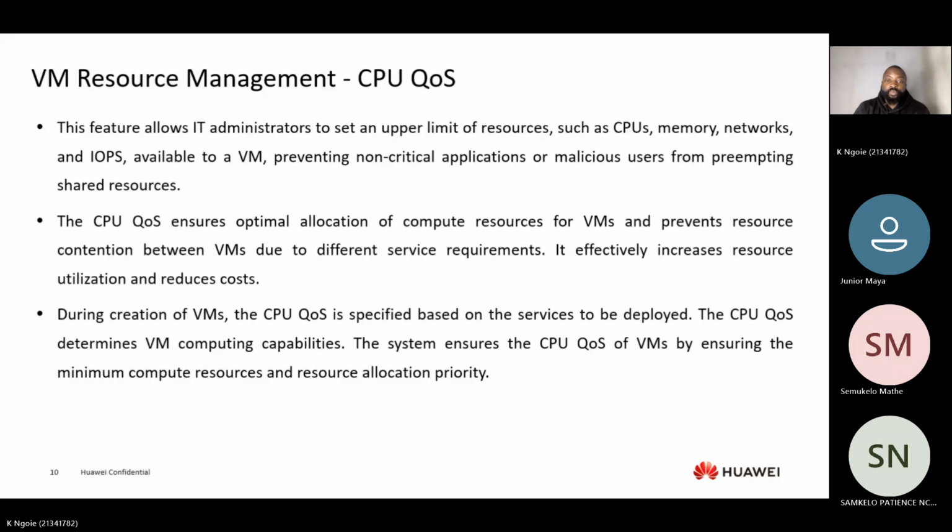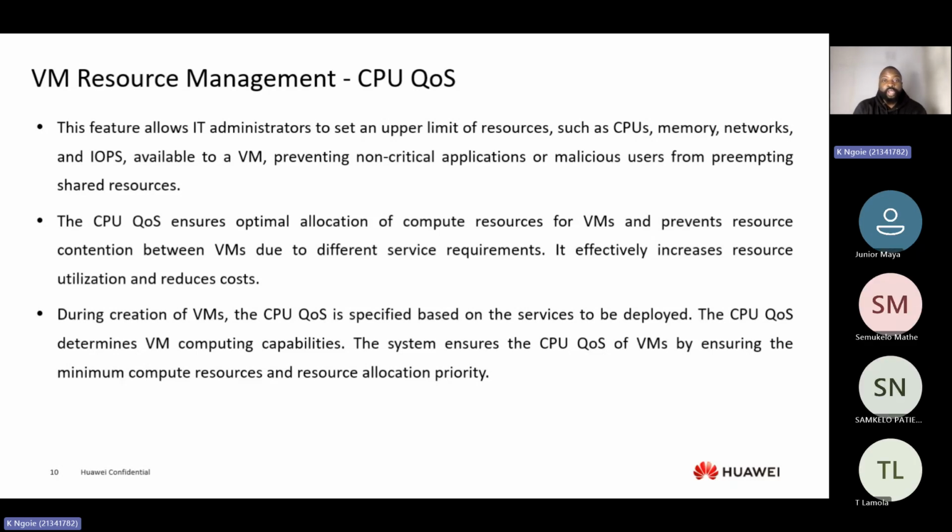When you have the FusionCompute operating system, it provides the CPU QoS mechanism to ensure fair and efficient CPU resource allocation among virtual machines. CPU QoS can enable guaranteed performance for critical workloads.